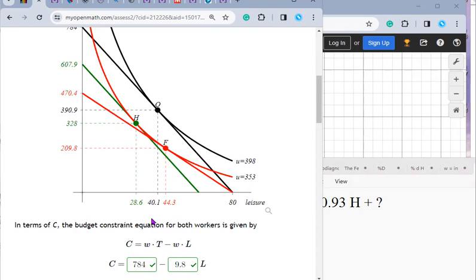That usually happens when wages are really high, like doctors, for example. When you get paid extremely high levels, the income effect is going to dominate the substitution effect. But at lower wage rates, for poorer people and middle income people, the income effect is going to be dominated by the substitution effect. Okay.